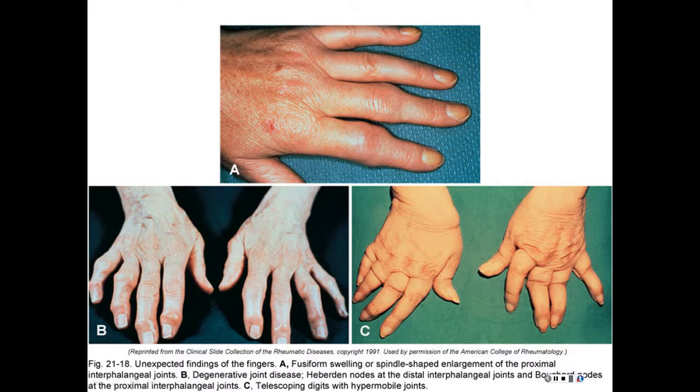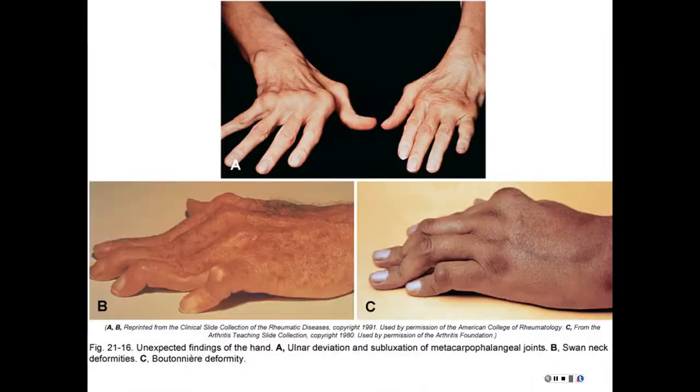I do want to talk about the spindle shape enlargements of the proximal interphalangeal joints that you see in picture A. So these are common deformities of the hand.